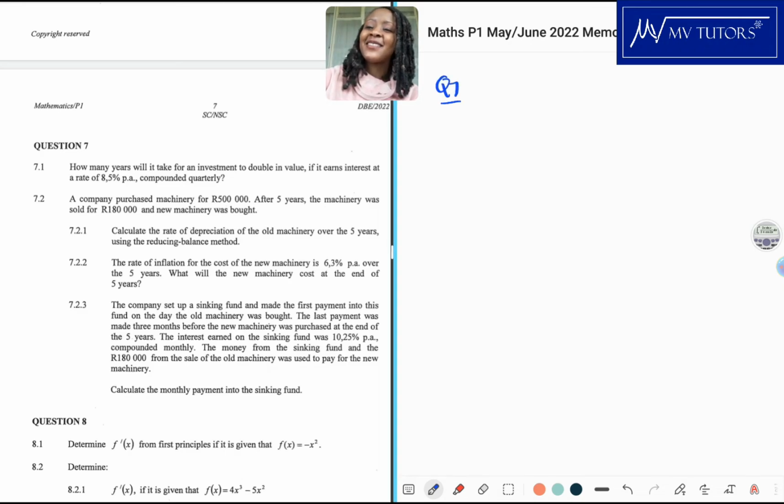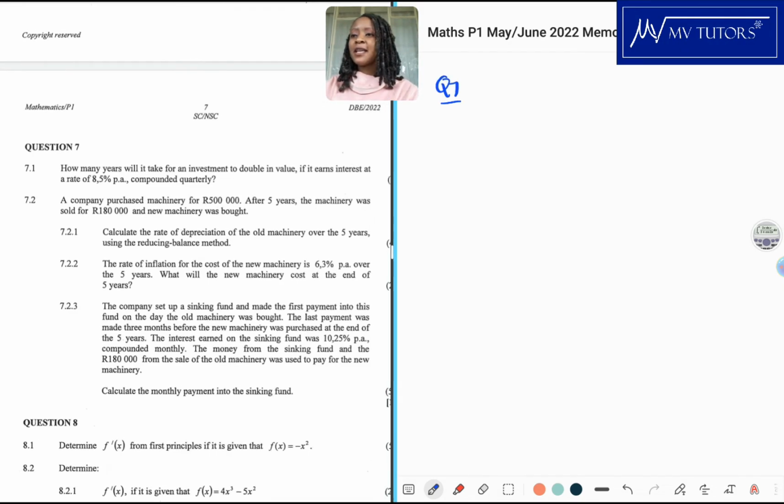Alright, question 7. It says 7.1, how many years will it take for an investment to double in value if it earns interest at a rate of 8.5% per annum compounded quarterly? So initially you had a certain value, and then over time it doubled.